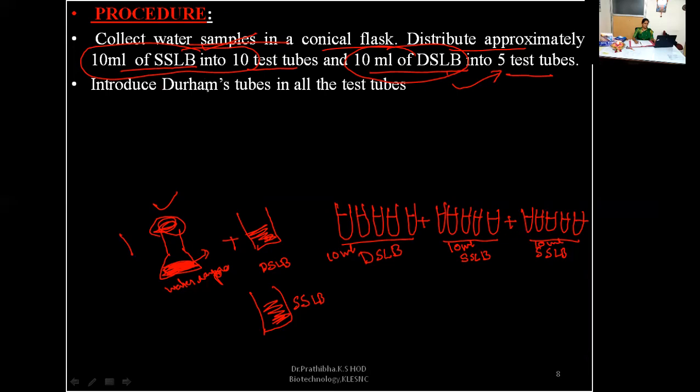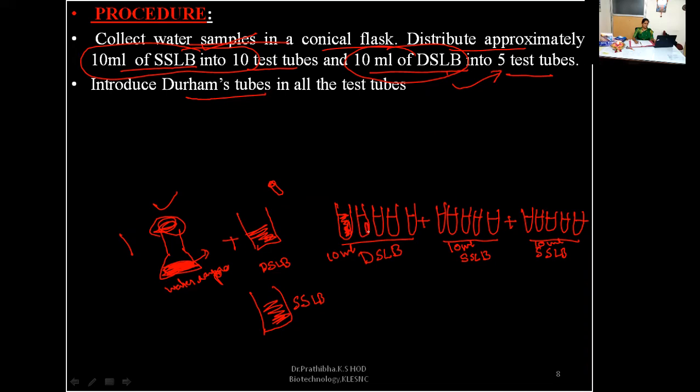Then what is the next job? Next you need to introduce the Durham tube. Small Durham tubes you'll get, right? The Durham tube you need to insert. So here there is DSLB. To this you need to introduce the Durham tube.